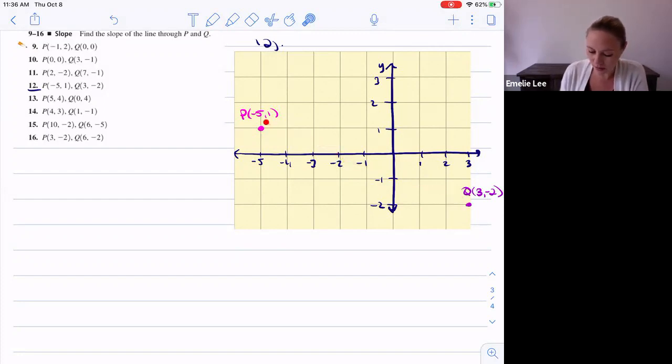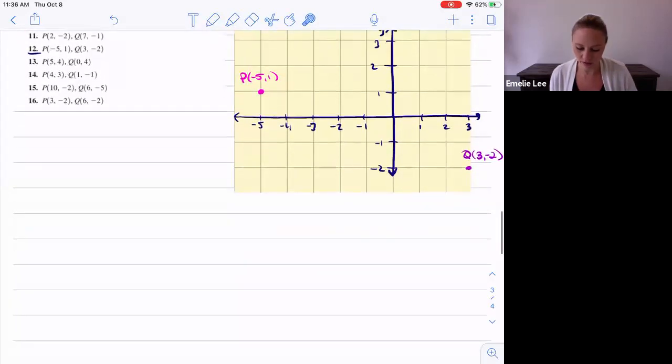But the slope between these two is going to be this minus this, or this minus this. It doesn't matter which order you do them in.